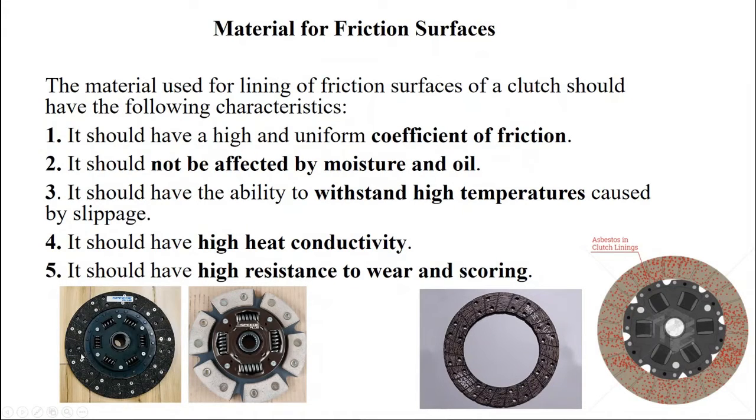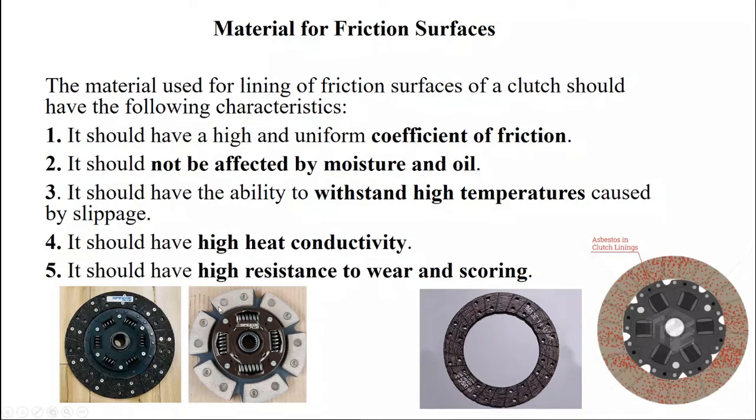This is your clutch plate. The first one on the left hand side is called organic clutch plate. The second one, with a slightly different design, is ceramic type. This material is ceramic.